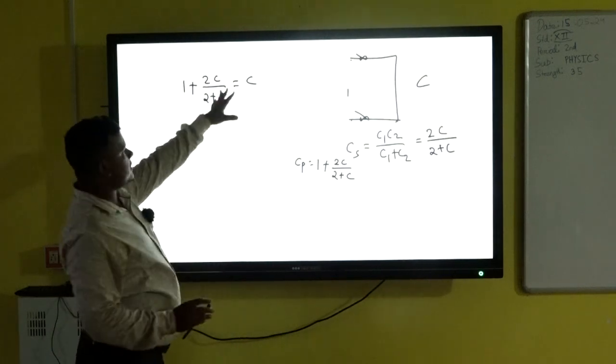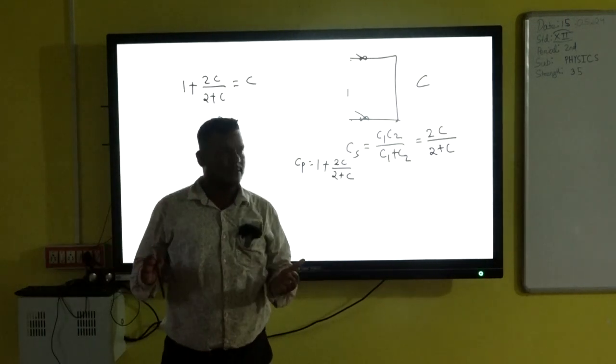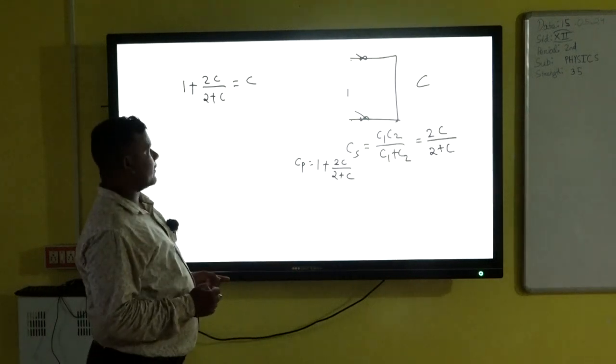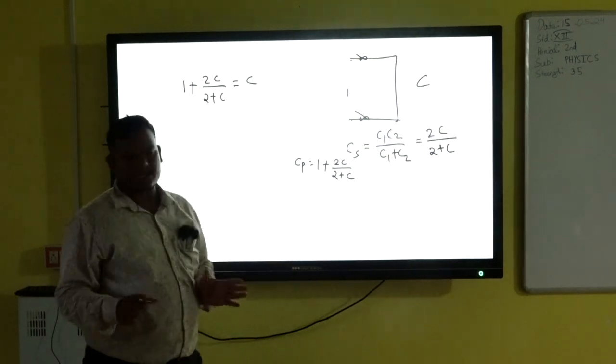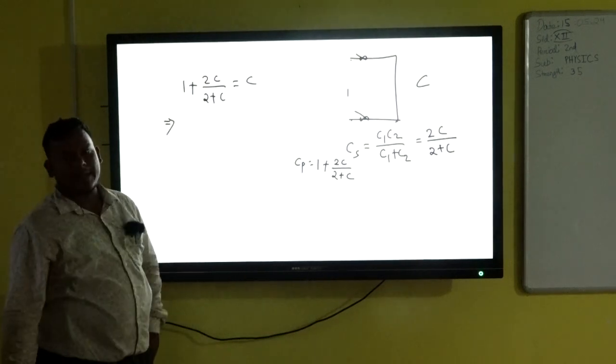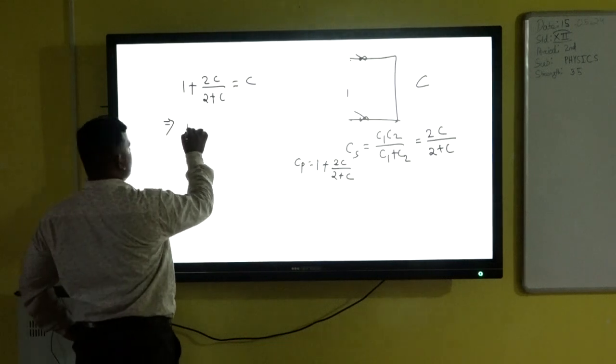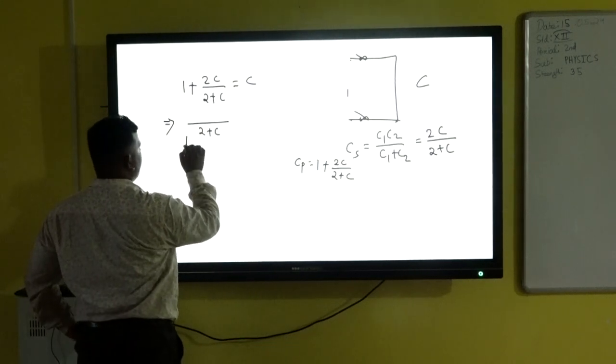So our final combination is this, because I am skipping one circuit from the infinite, and if I skip one circuit, then there is no problem. So now you will take the LCM and find C. So this is a quadratic equation. So we can solve. So the LCM is 2 plus C.